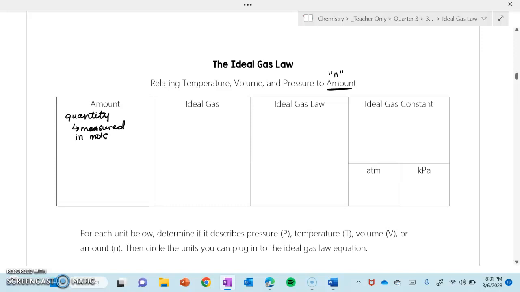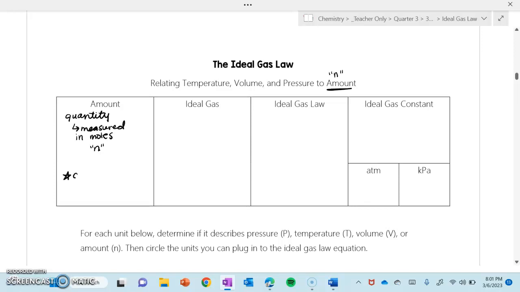Whenever we are plugging in for n, it must be measured in moles. Now remember, there's a relationship between grams and moles: molar mass, which is the mass on the periodic table for each element. So if there is an amount given in grams, or a mass, that can be plugged in for n, but you must convert it to moles first.